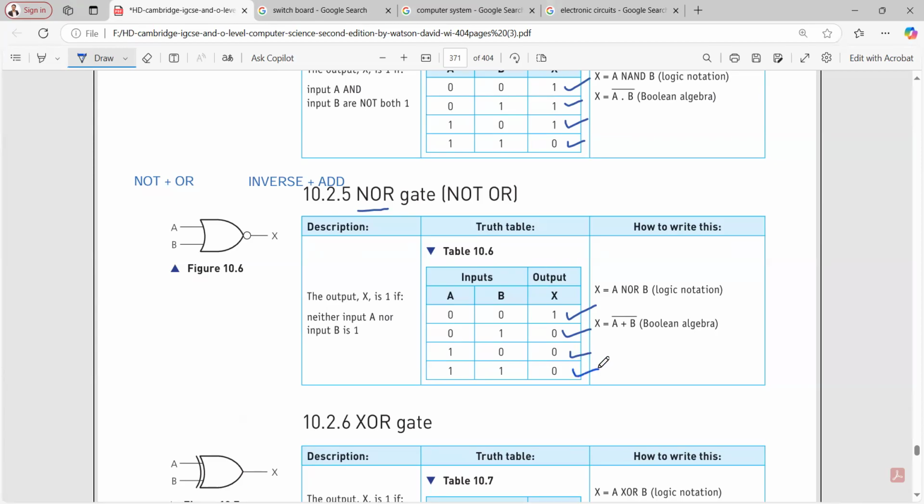The answer will be 1 but inverse: 0. Now complete this. Done, sir.